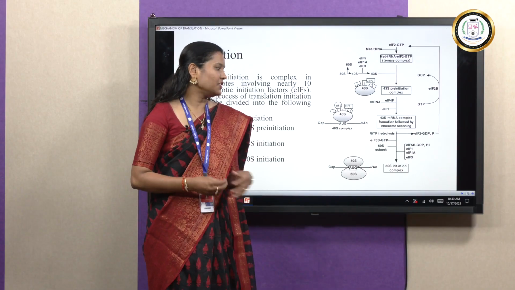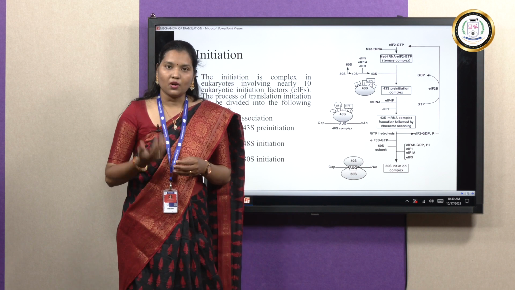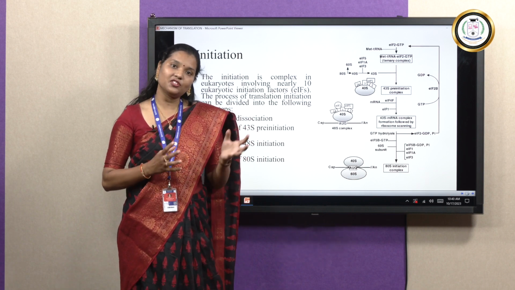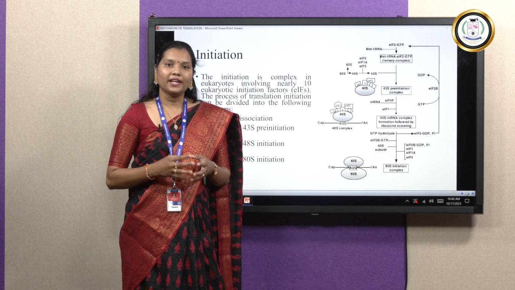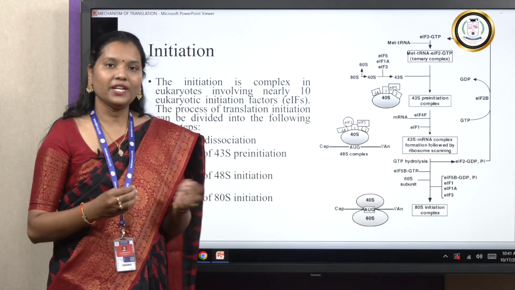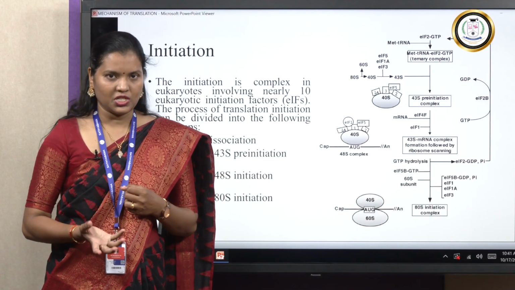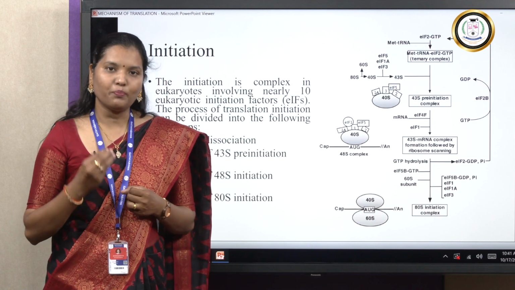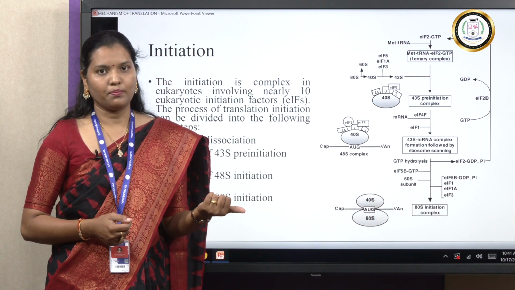This 48S initiation complex further on tries to join with the remaining 60S, the larger subunit of the ribosome, and it makes the 80S initiation complex. During this time, a GTP is hydrolyzed to form GDP, and initiation factors like IF5B join the process.